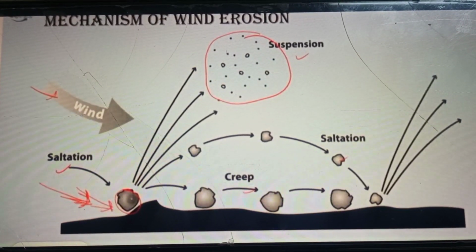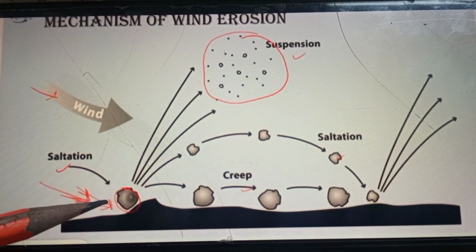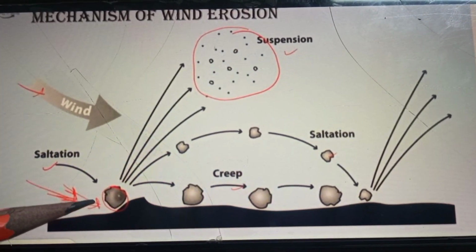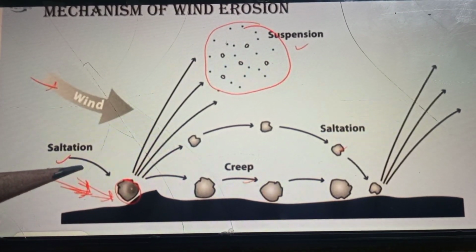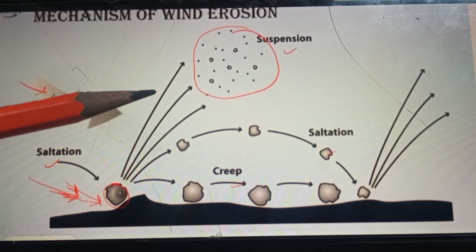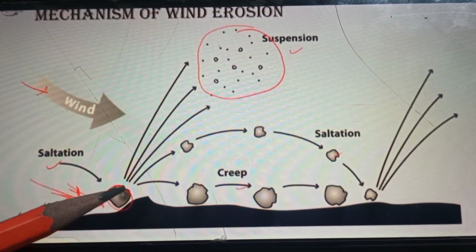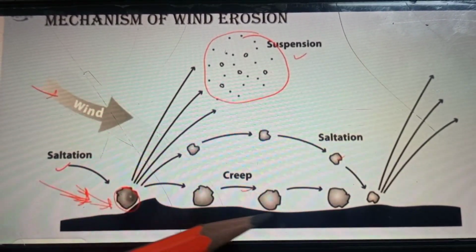So class, as you have seen in this picture, when the wind blows and strikes the rock particles, it causes them to break down, and the small particles are suspended in the air and move from one place to another. And the second one is that it moves from one place to another by the help of creeping.